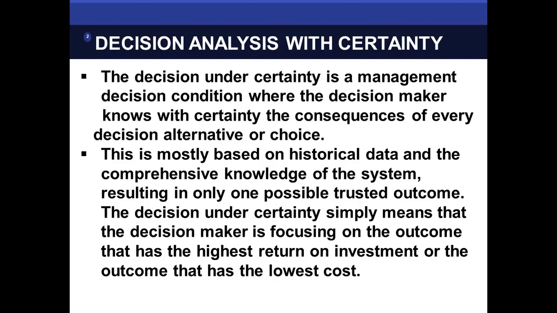Decision making in a corporate setting can be viewed from two perspectives. There are decisions where the investor wants to maximize profit, so they look at the expected monetary value that gives them the highest return on investment or payoffs.